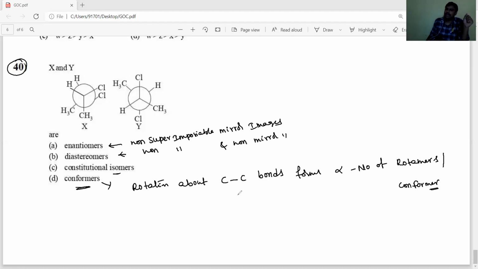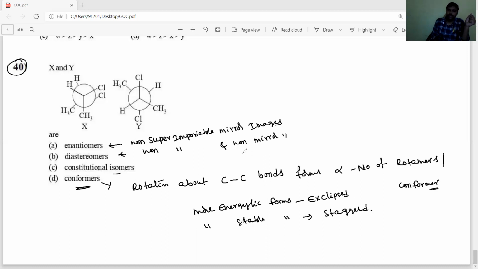And of these conformers, the more energetic form is eclipsed, and the more stable form is staggered. If it is the more stable form, the same groups are separated by a large distance, then it is staggered. The X is staggered and in Y the same groups are very close.